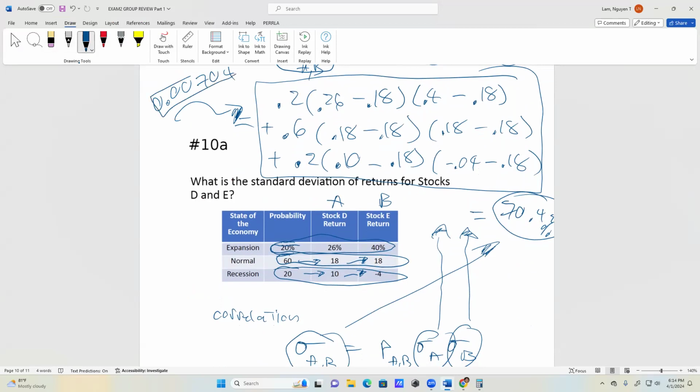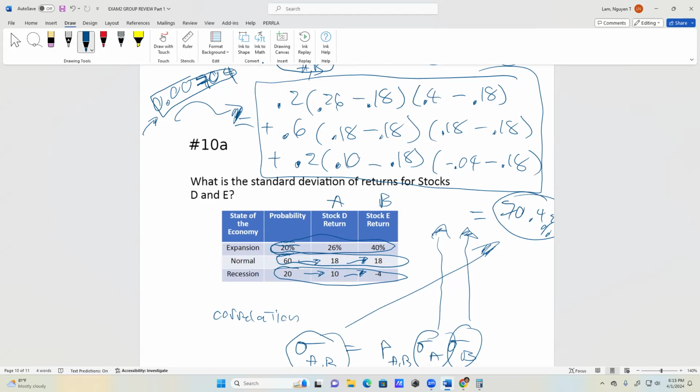On the exam, they will usually give the answer choice in terms of percentage and not in terms of decimal like 0.000. So what I'm trying to convey is that on the exam you will not see this. Don't panic, because if you see the 704, more than likely that's the answer.